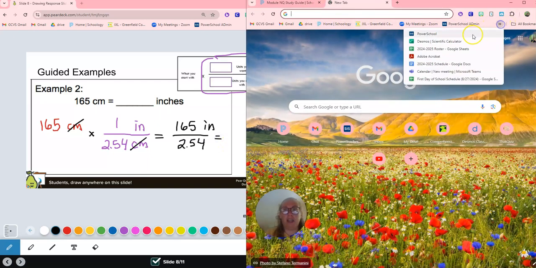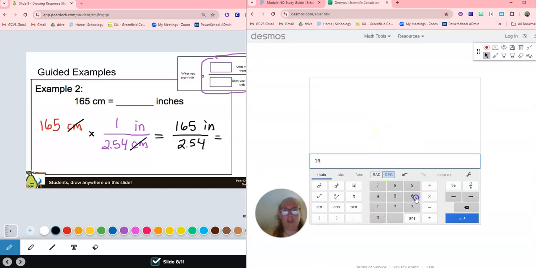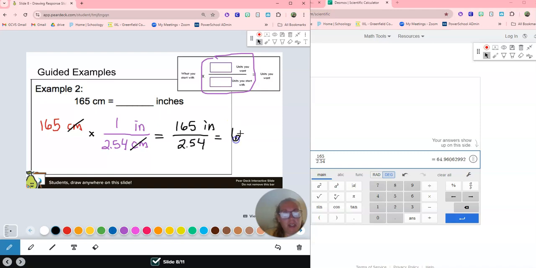I'll get my calculator. I'm going to do 165 divided by 2.54, and I get this value of 64.96 inches. So there's our answer, 64.96. So we canceled out those centimeters and then we just multiplied straight across and then divided to get our solution.